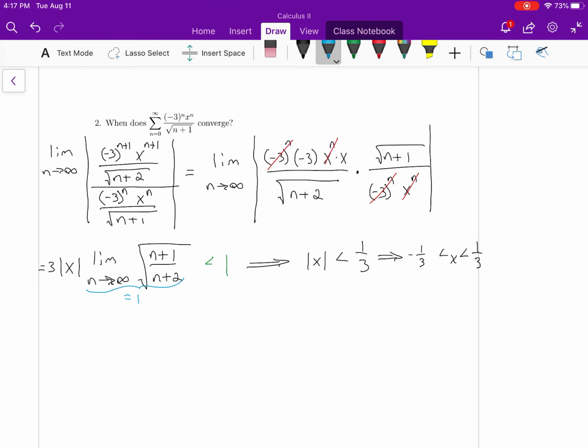So what we learned from this so far is that the radius of convergence is r equals 1/3.